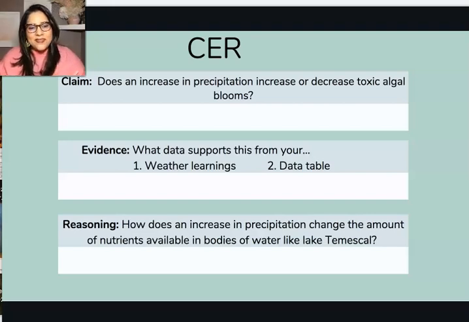I hope that this CER helps you think about the relationship between our learnings on weather and our situation at Lake Temescal with the toxic algal blooms. They're very much connected, and I hope this guides you as you try to explain the connection between both.